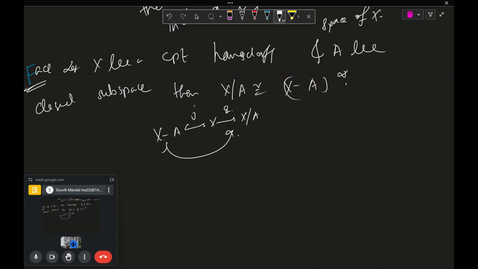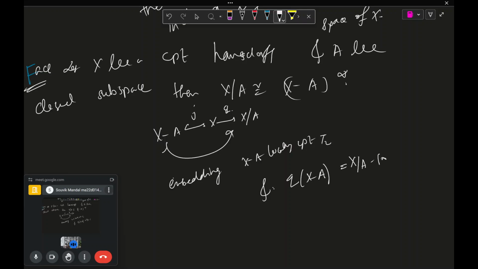So basically, this is an embedding. X minus A is locally compact Hausdorff, and q of X minus A is equal to X by A minus a single point, right?